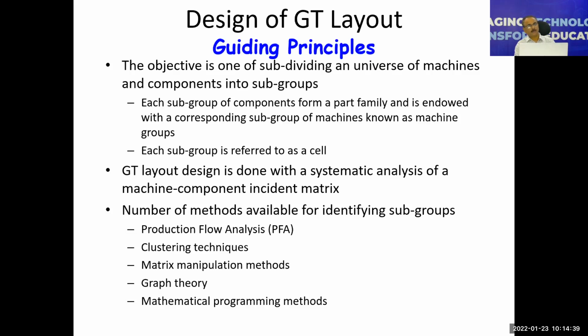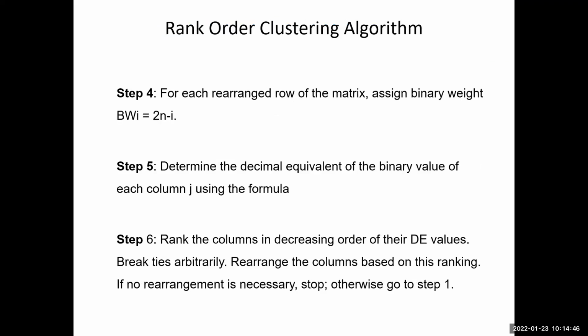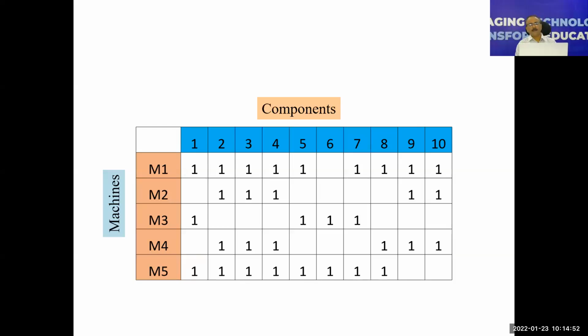We'll look at one example. Sir, here can we say that each individual cell is working as an assembly line for an individual component? It depends. It may be a processing or it may be even machining.